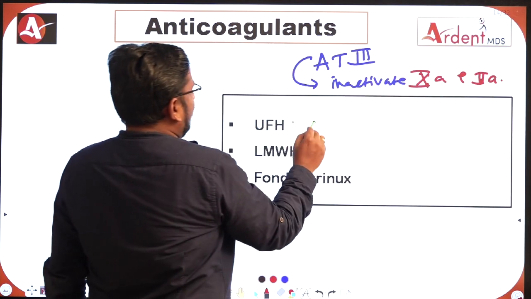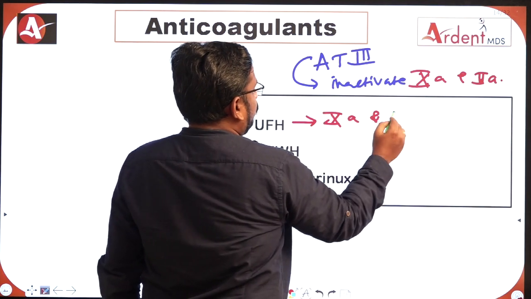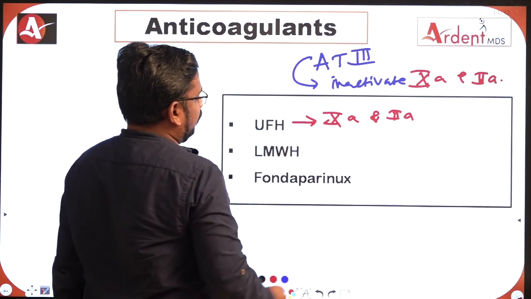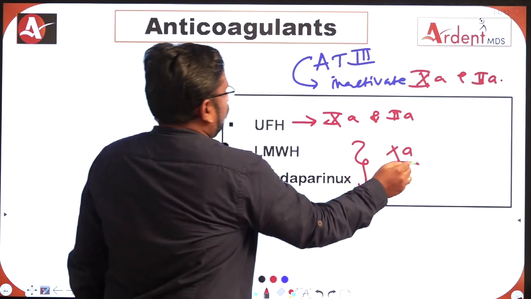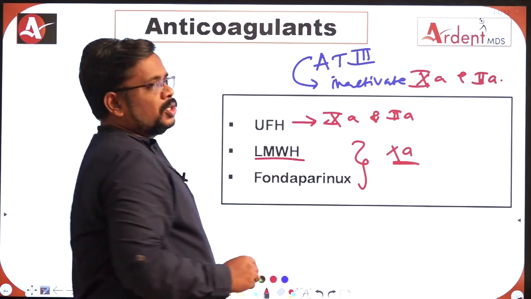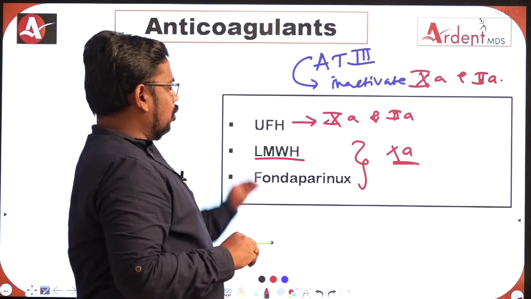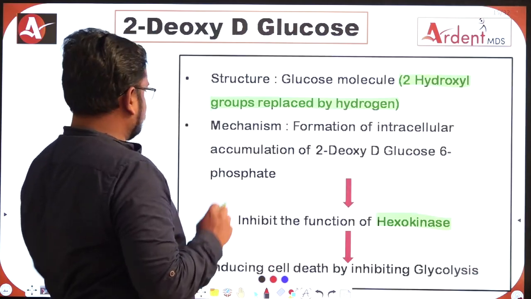Unfractionated heparin inhibits factor 2A and factor 10A, while low molecular weight heparin and fondaparinux inhibit only factor 10A. Low molecular weight heparin also inhibits factor 2A, but not consistently. So, remember these extra points related to the prophylactic anticoagulants.